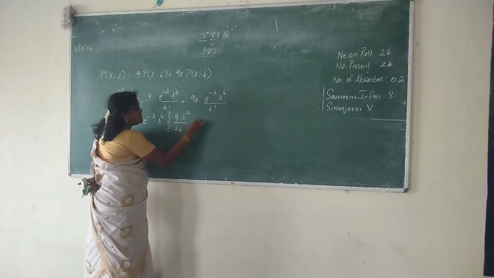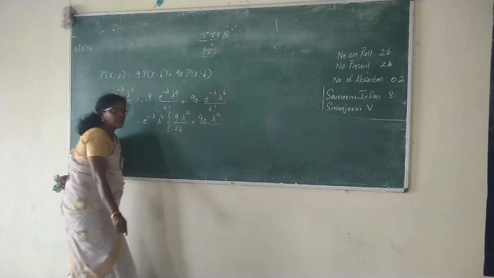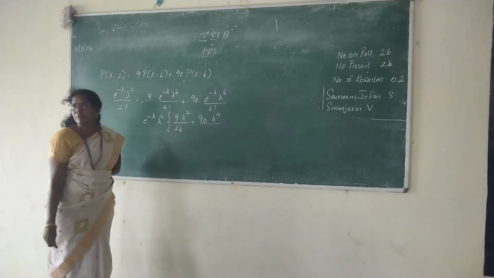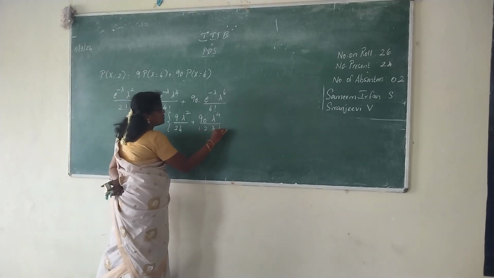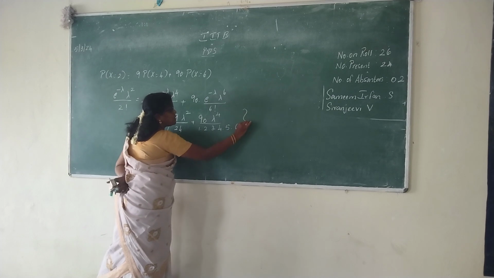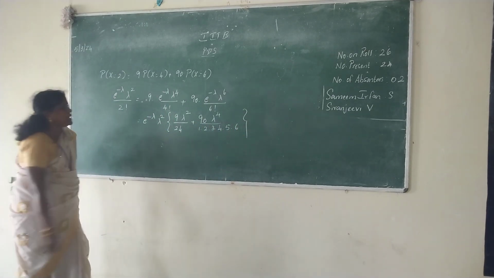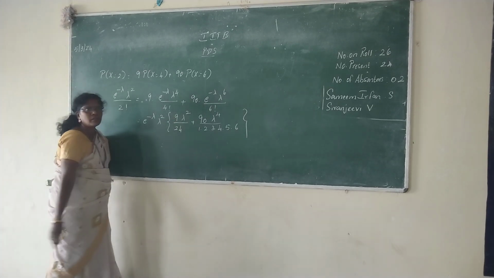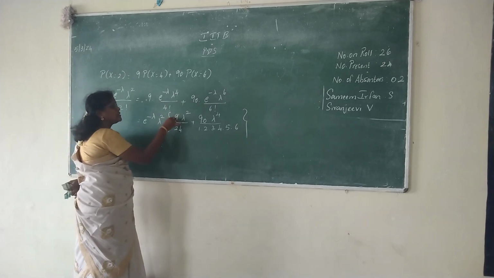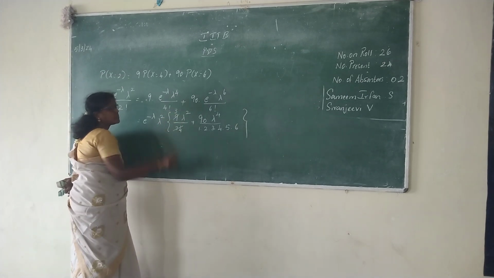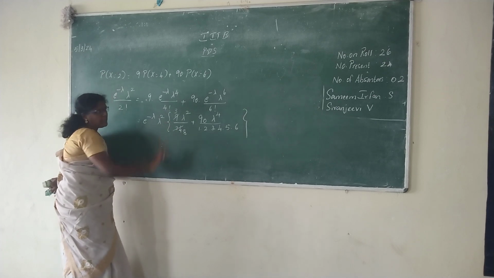Plus 90 into lambda power 4 by, what is 6 factorial? 720. I am writing like this just for you to cancel and easily identify the number. Can you cancel 9 and 24? Which tables you can use? 3 tables. How many times of 3 is 9? 3. 24, 8. Can you cancel any further? No, leave it as it is.